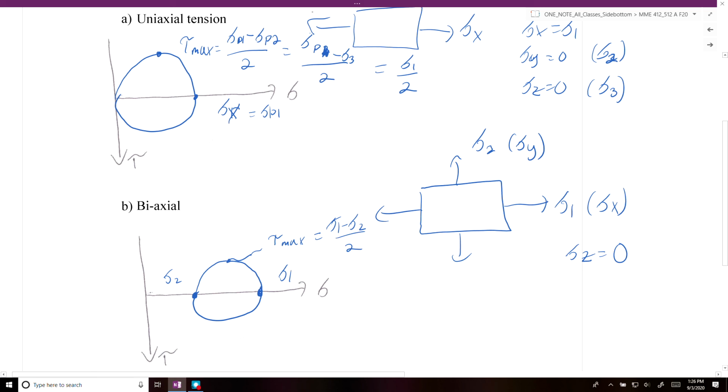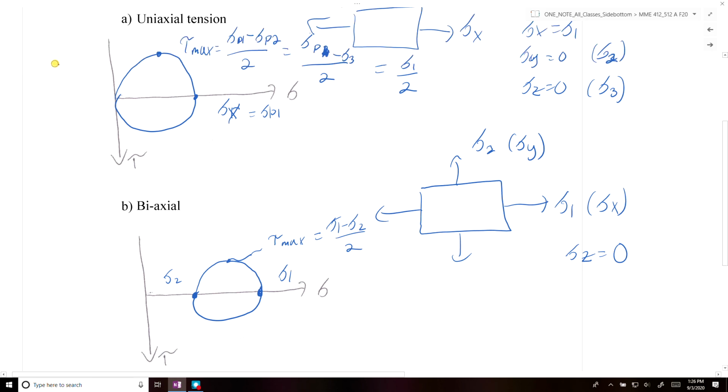However, we do need to account for the third principal stress in this case, which would be along the z-axis. So sigma 3 is going to be equal to 0, and that would be located here. Even though it's not applying a stress, it would still affect the maximum shear stress in the system. Now if we draw this Mohr circle, the true tau max is going to be equal to sigma 1 minus sigma 3 over 2.